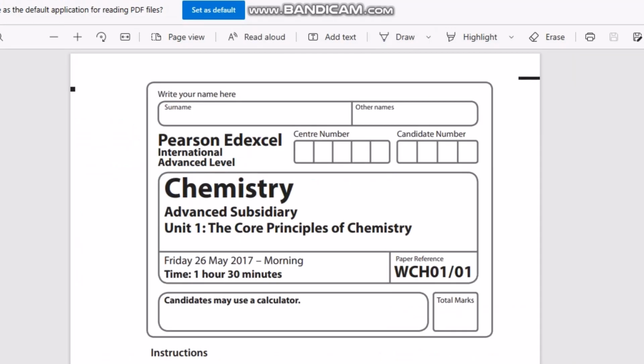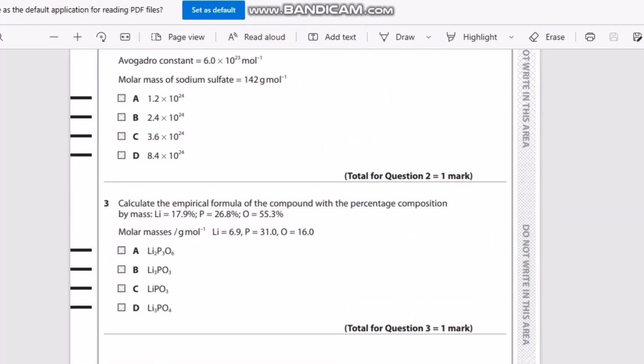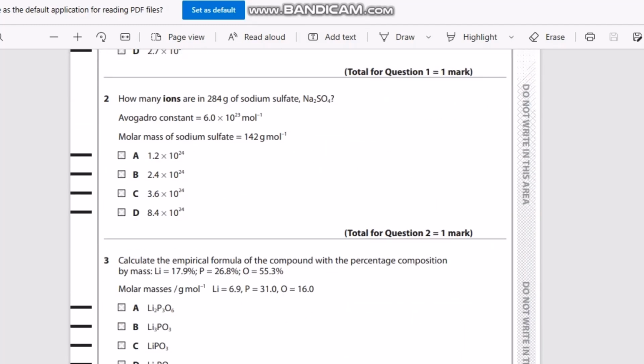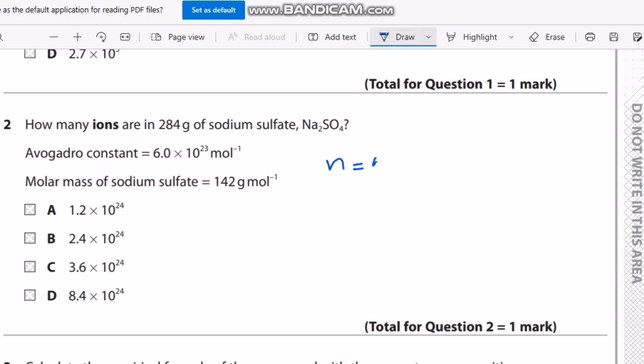That's one we did. We'll do another one from here. One last question. Yeah, this one. How many ions are in 284 g of sodium sulfate? So how to find this one? First we have to find the moles. n equals mass over molar mass. 284 divided by 142. Which is 2.